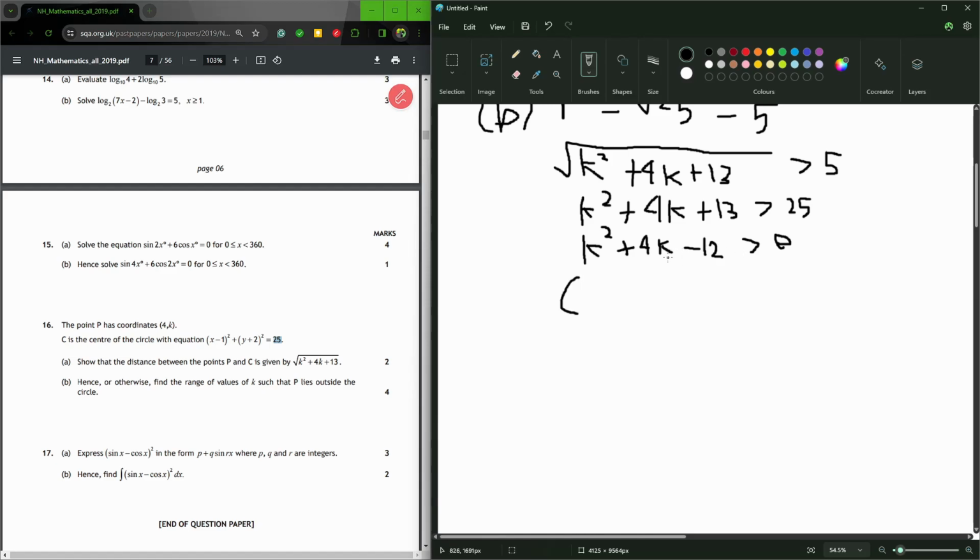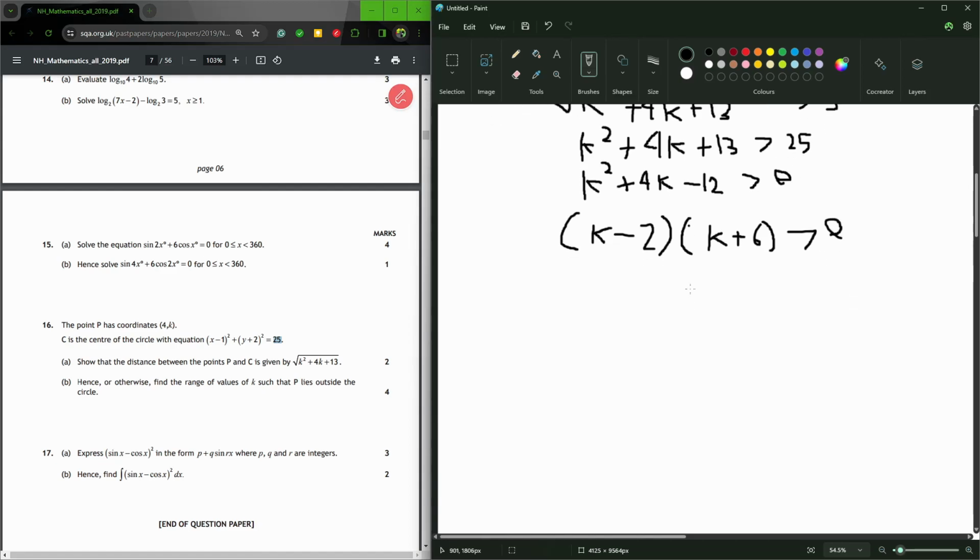Because if you have minus 2 and positive 6, they add to get 4, and they multiply to make minus 12. So let's throw that in, eh? Greater than 0.